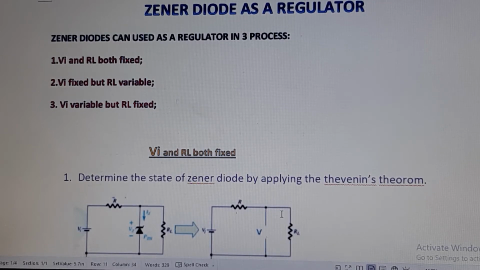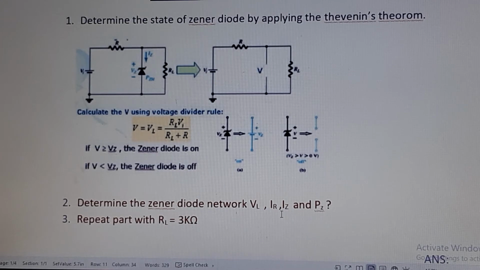If we apply Thevenin's theorem here, the Zener diode Vz will be open circuited.